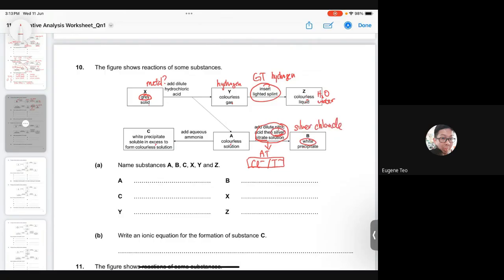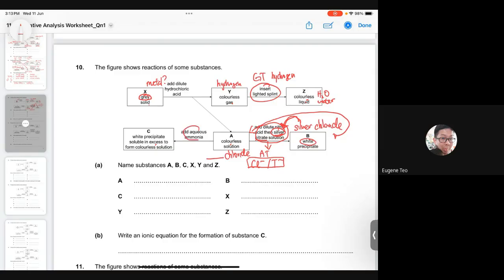The silver of the silver chloride comes from here. The chloride in B comes from my colorless solution A. So I know A is actually something chloride, because I did the anion test and I know that chloride is present. So the white precipitate here is silver chloride.